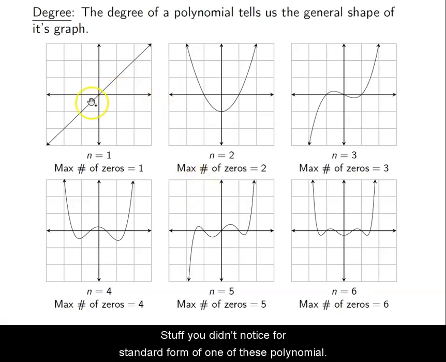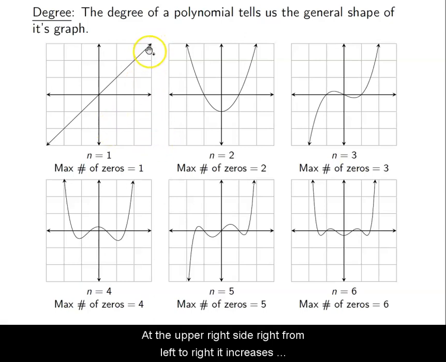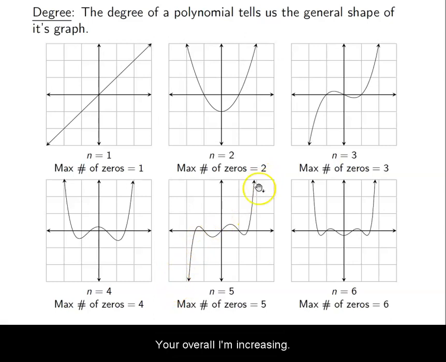If you didn't notice, for a standard form of one of these polynomials, all of the odd degrees resemble in some sense a straight line, meaning that I start at the lower left corner and I end at the upper right side. From left to right, overall, it increases. I start at the bottom and I end at the top. So it comes from down and it moves its way up.